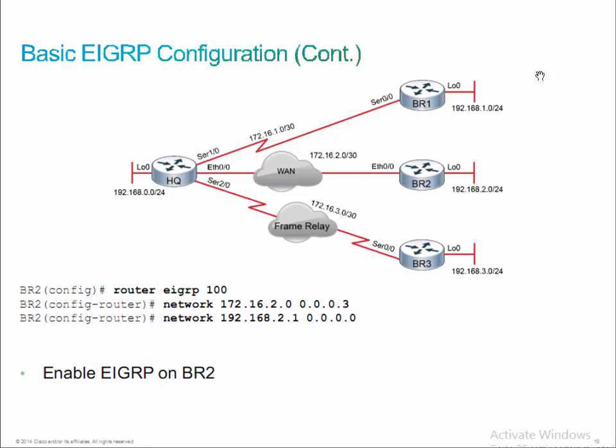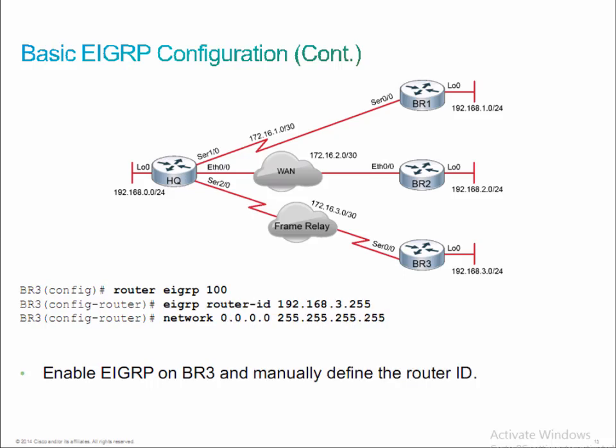Somebody can capture that hello information, and then based on that hello information, they can identify things about our EIGRP domain that we may not want to be public knowledge. So we need to suppress the hello packets from going out of that interface so somebody can't throw in a rogue router and connect to our domain. And we don't want to waste bandwidth. And the way that we do that is we use a passive interface option.